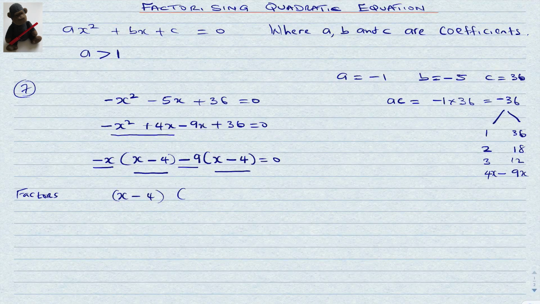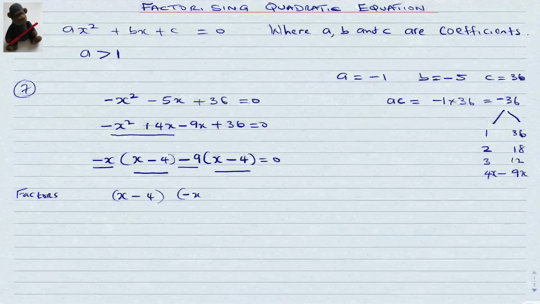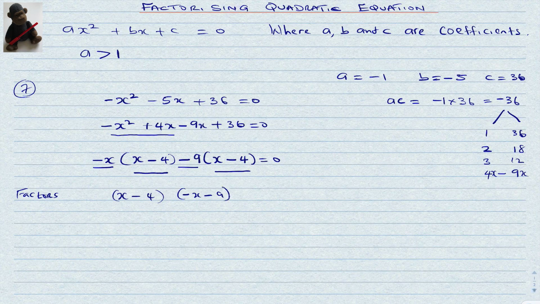So we can have minus x minus 9 as another factor, all equal to 0. So we need to set the factors to 0 to get the roots. x minus 4 equal to 0, therefore x equals 4.